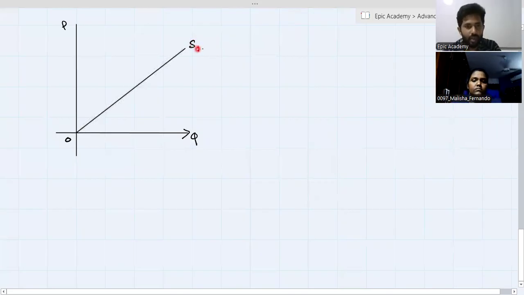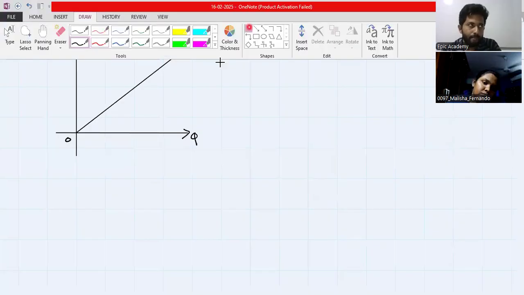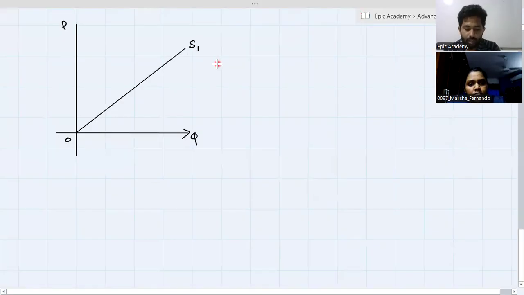This is S1, but the elasticity of the demand curve is different. It's not normal. We already identified something like that curve.